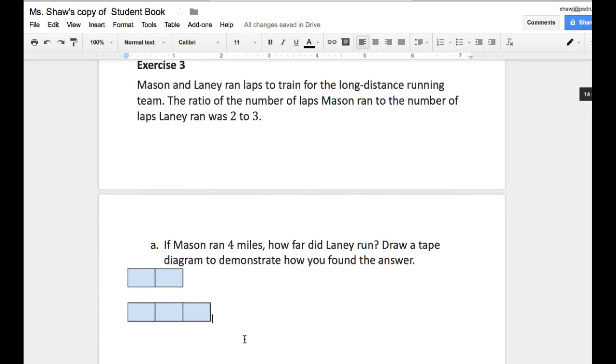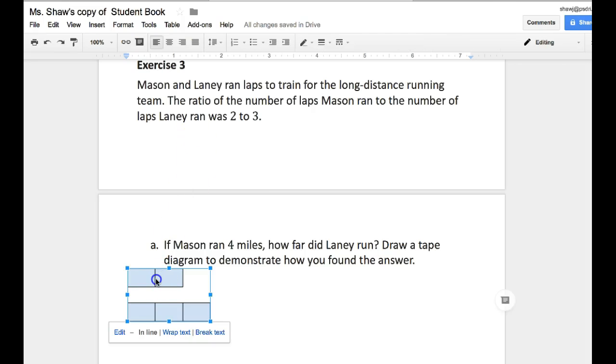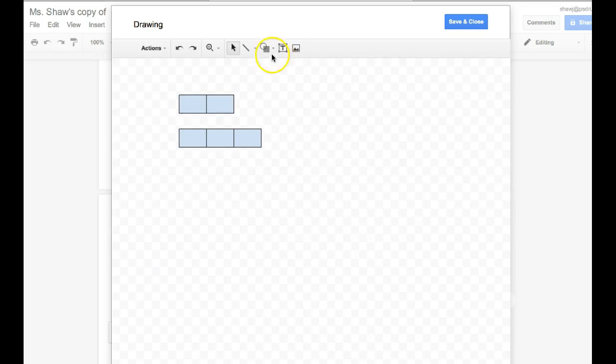Okay, so we know that we have a ratio of 2 to 3. We know that Mason ran 4 miles. Well, the first ratio, we should probably label these, is Mason, because Mason ran to the number of laps Laney ran. So let's go back in here and let's put some names in here using a tape box.